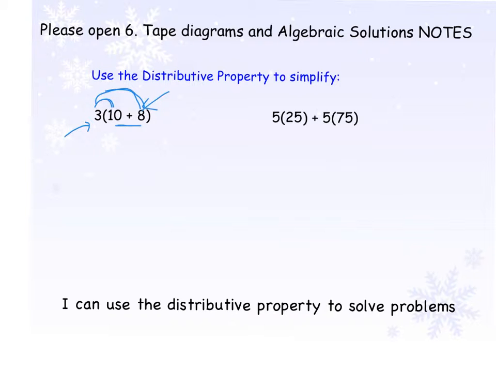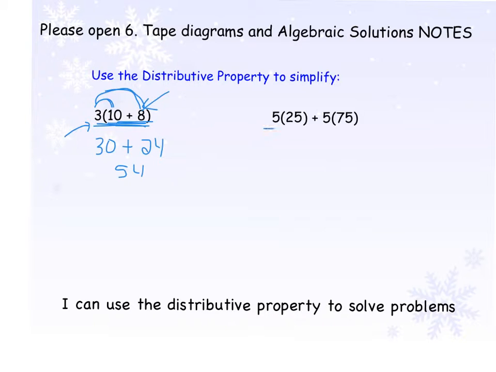So 3 times 10 is 30, plus 3 times 8 is 24, so that's 54. Doing it this way is much more efficient than using the order of operations. With order of operations, we would have had 18 times 3, and we would have had more work to do, more thinking to do. So this one is a little bit simpler without a lot of thinking, a lot of arithmetic.